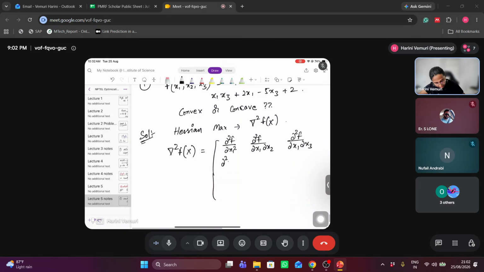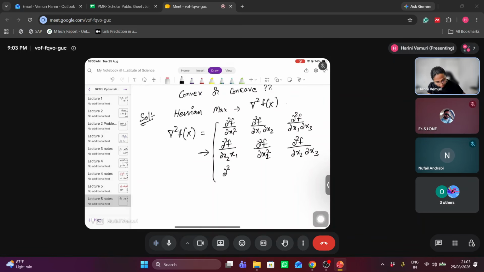Next, in the second row we have the first derivation. We have two derivations, right, in dou square. So first will be always with respect to x2 in this second row, and then x1, dou square f by dou x2 square. This first and second will be both by x2. Next, dou square f by dou x2 dou x3. Okay.